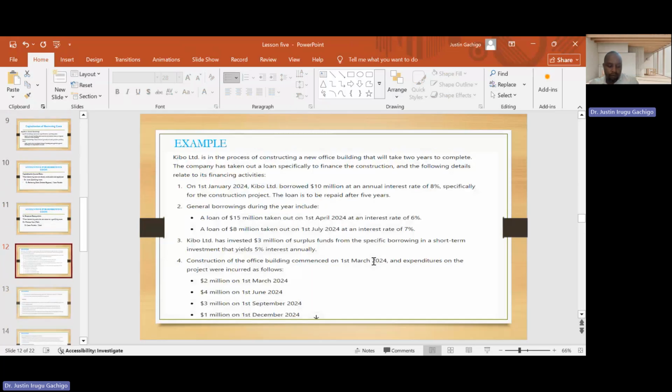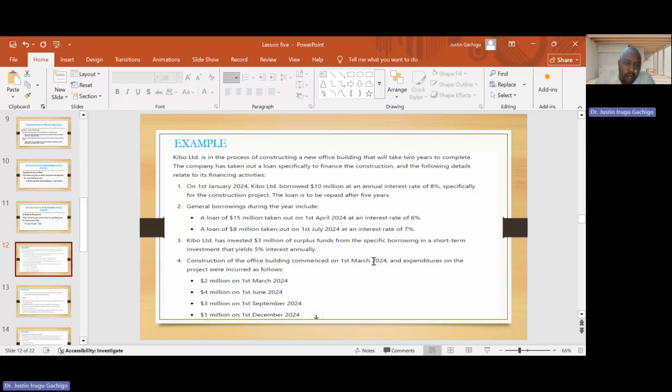An example. Kibo Limited is in the process of constructing a new office building that will take 2 years to complete. The company has taken out a loan specifically to finance the construction, and the following details relate to its financing activities.